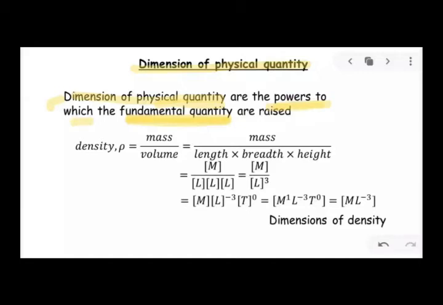Let us take the example of density. We know it is mass per unit volume. Now mass is mass. Volume can be written as length, breadth, height. Volume equals length times breadth times height. Now mass is a fundamental quantity.